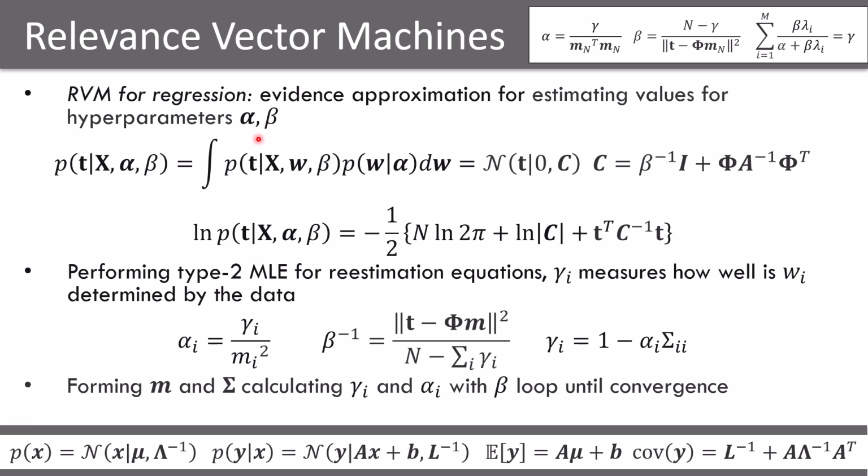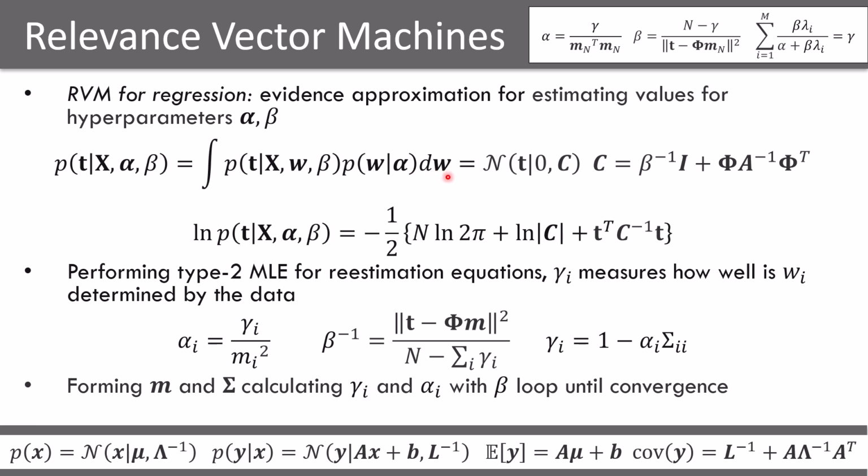So we first need to formulate the evidence, which is normally the denominator in our Bayesian formula, the probability of t given x, the input, and alpha and beta. That is the integral over the entire likelihood and the prior, where we are integrating out the weights.